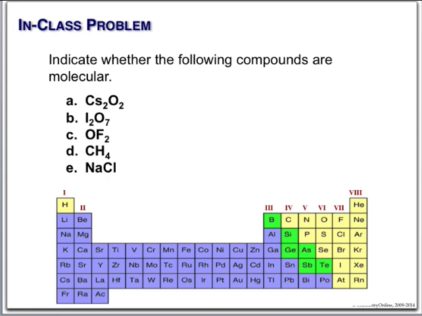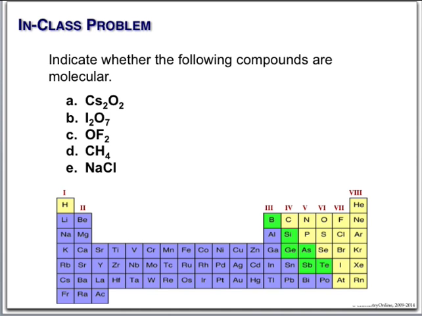Quickly, let's look at one more list and do the same thing. Cesium is in group 1.